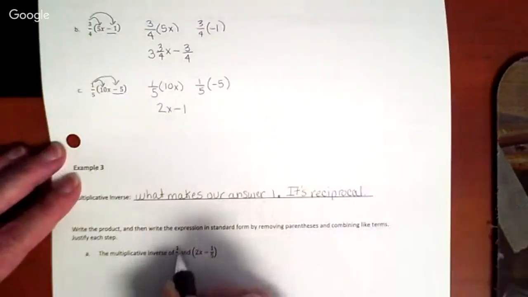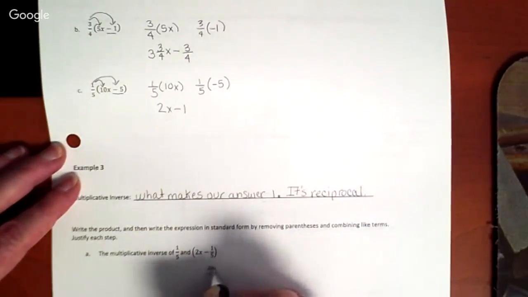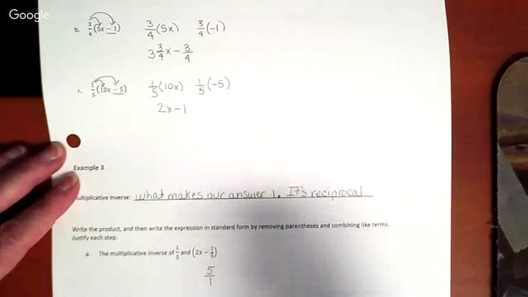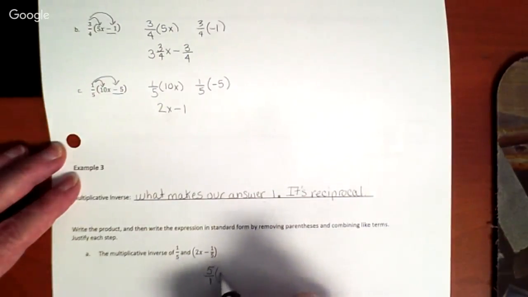So the multiplicative inverse of 1/5, which would be 5/1, and 2x minus 1.